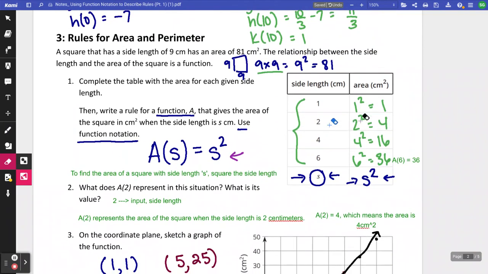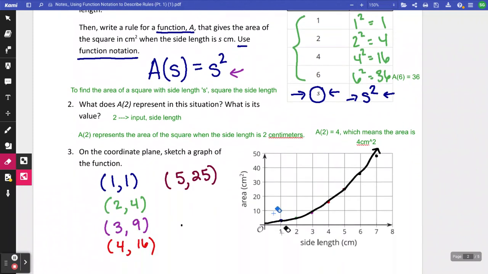We can see how a table is a great tool to use if you're having trouble coming up with that function notation and describing that function rule. We were able to keep track of that math we were doing here to ultimately come up with s squared is that rule that we're trying to describe. And then we also got to see what the graph looks like based on that table as well.